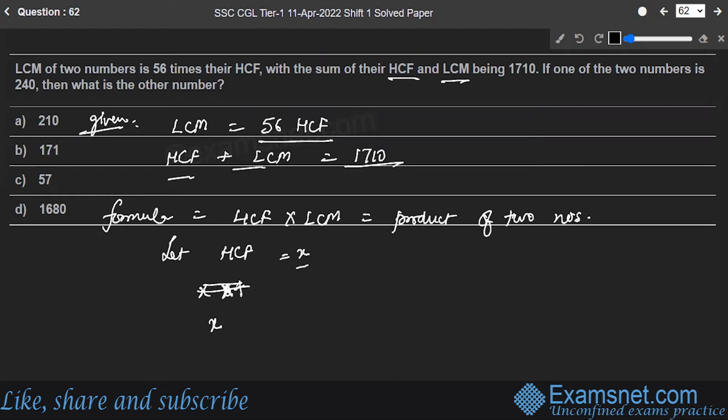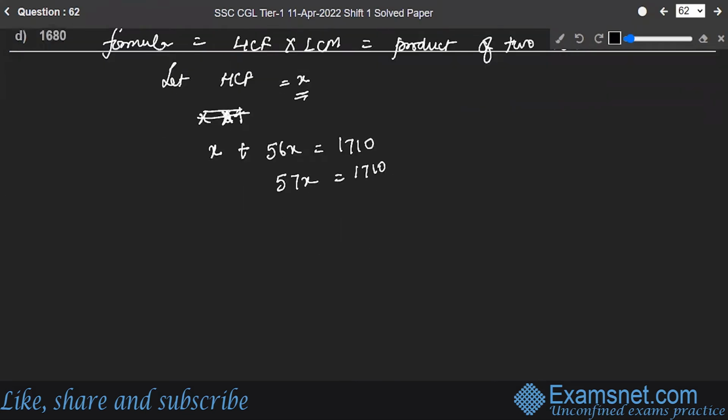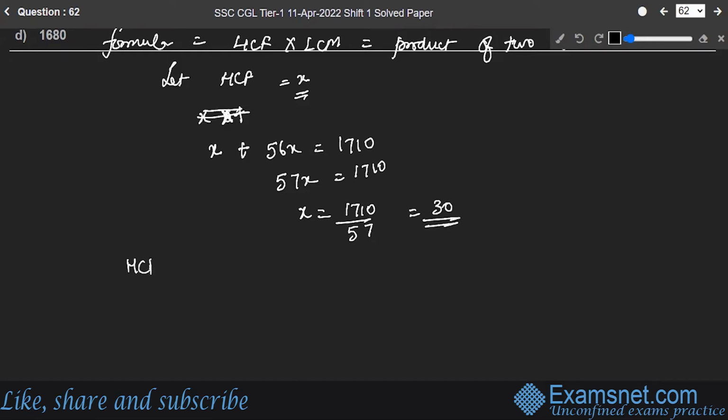So HCF I'm assuming as X, then LCM is 56 times X, and X plus 56X is equal to 1710, which will give you 57X is equal to 1710, or X will be equal to 1710 upon 57, that is equal to 30, right? So now HCF, that is your X, came out to be 30. What will be LCM? It was 56 times X, or 56 into 30, which is equal to 1680.